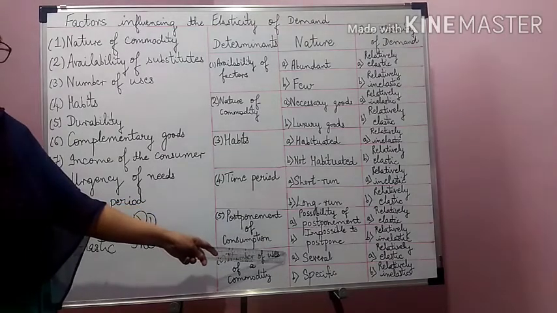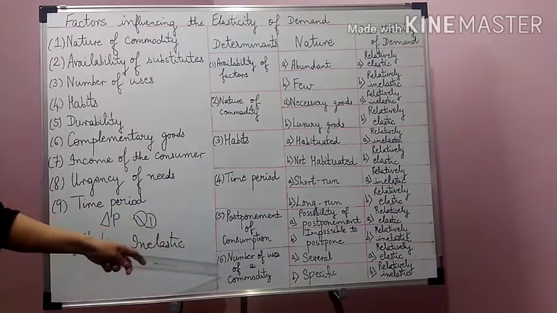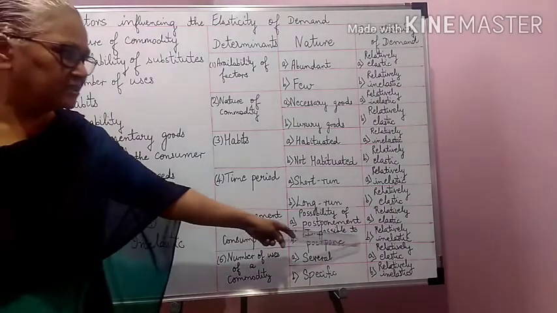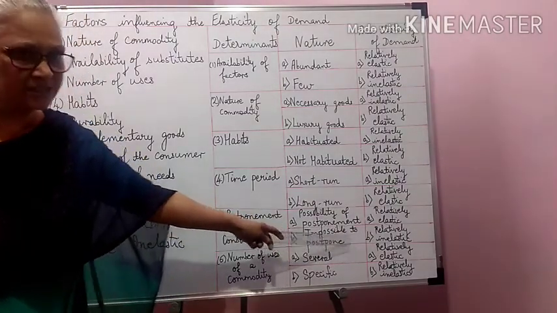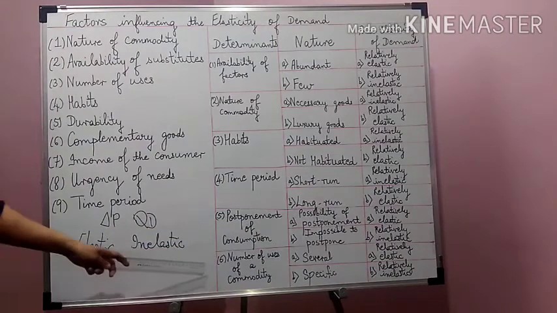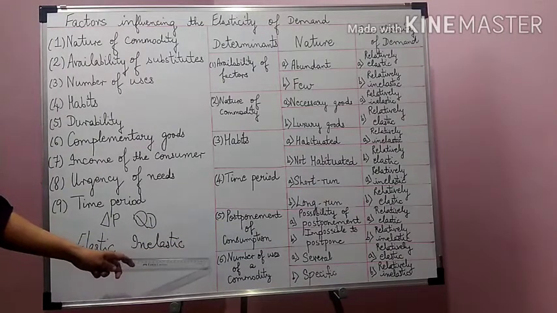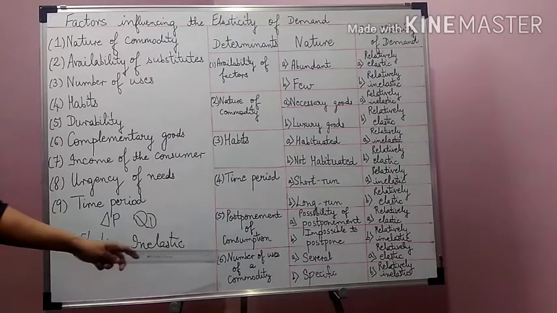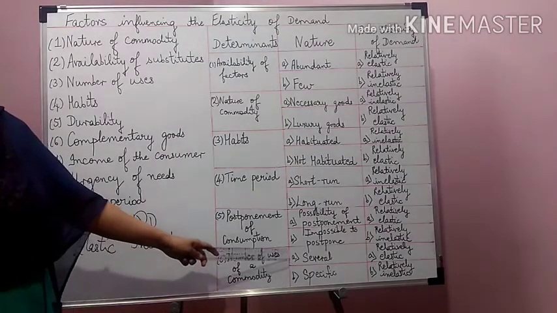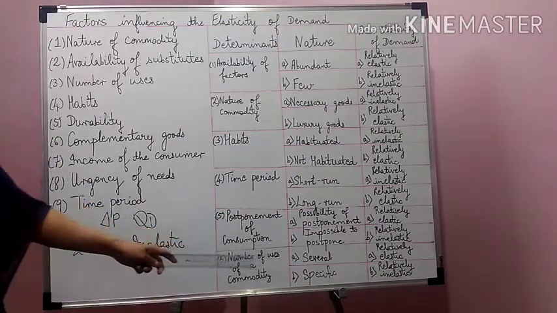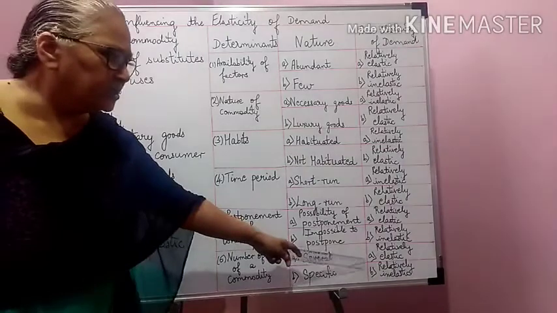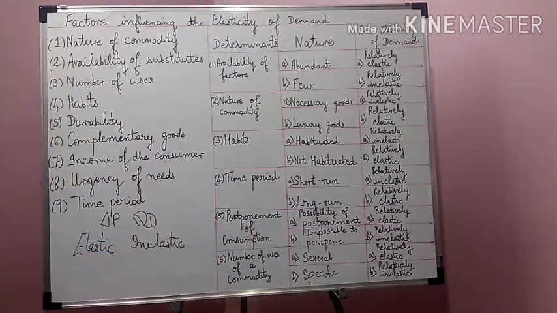So if there are several uses for a commodity, then the elasticity is relatively elastic. Whereas if the number of uses for which a commodity can be used is specific, only for one purpose, then the elasticity will be relatively inelastic.